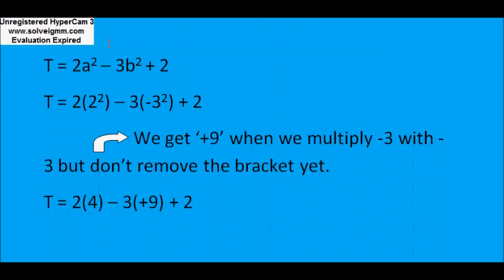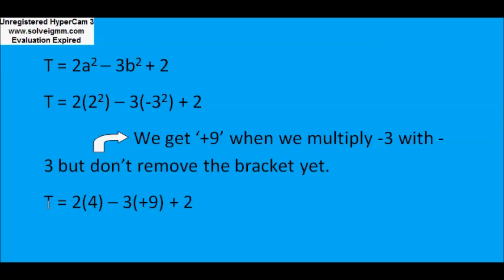Now, the next expression is t equals 2a square minus 3b square plus 2. Again, you will put the values. The value of a is 2. So 2 times 2 square minus 3 times, the value of b is minus 3, square, plus 2 as it is.